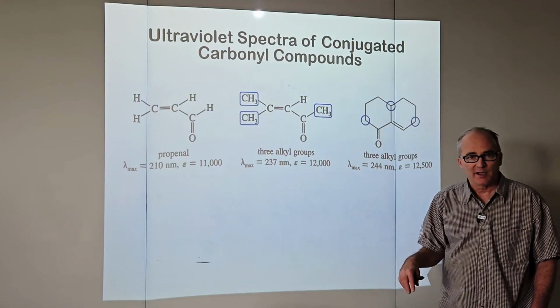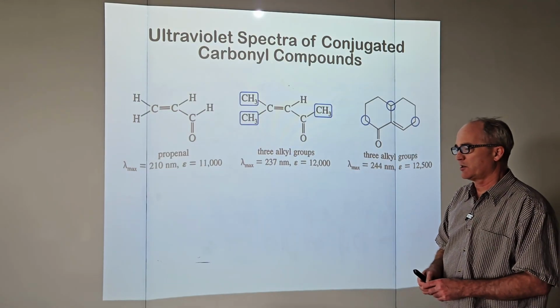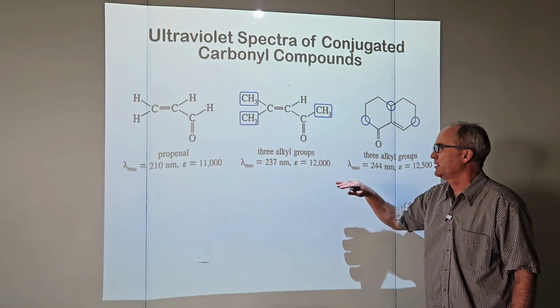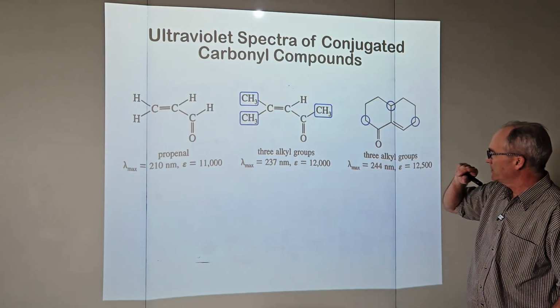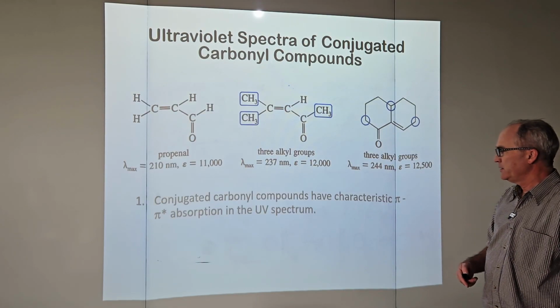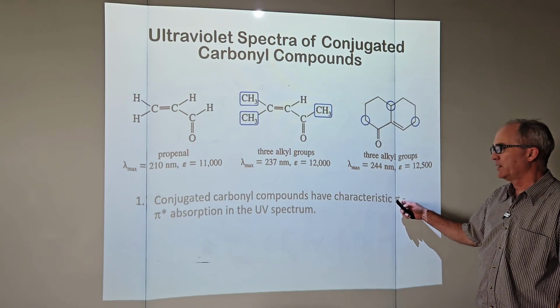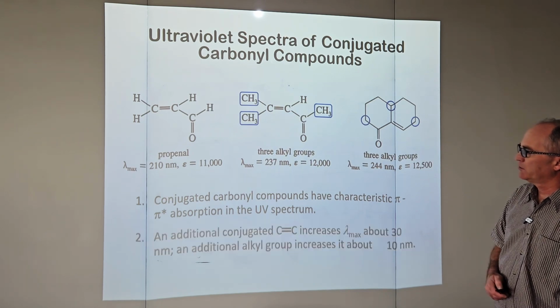And once again, as I said the other day, we don't use UV spectroscopy to determine structures, but we can measure concentrations. So from an analytical chemistry point of view, quantitating what's there and absorbing UV is in a conjugated system, a pi bonding to a pi anti-bonding molecular orbital.